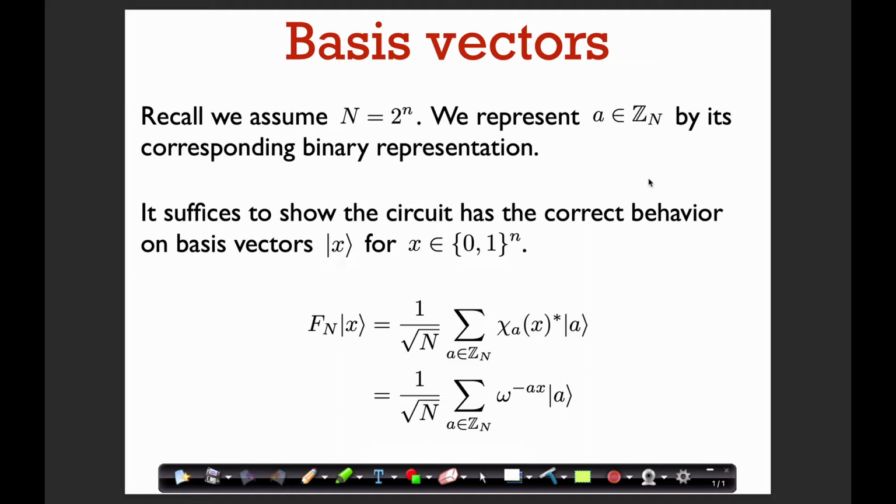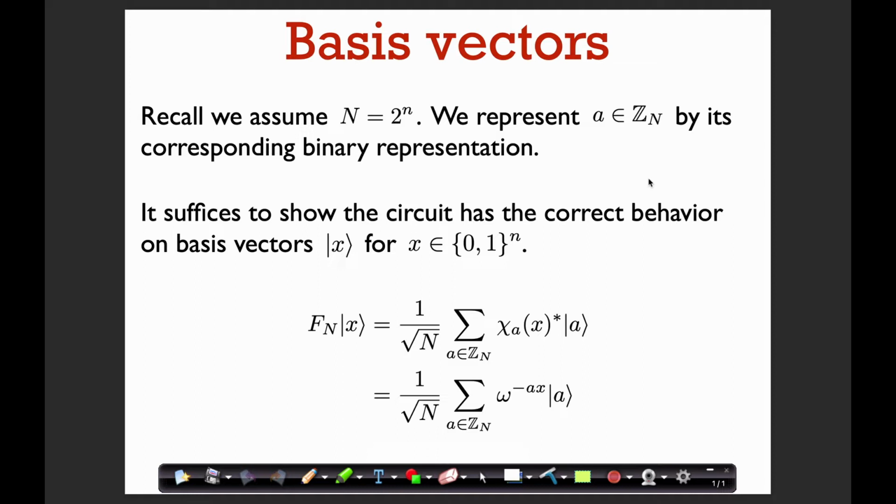It suffices for us to design a circuit that correctly works on basis vectors. If we can show that the circuit has the right behavior on ket x for every n-bit binary string x, then by linearity, it's going to have the right behavior on any vector.